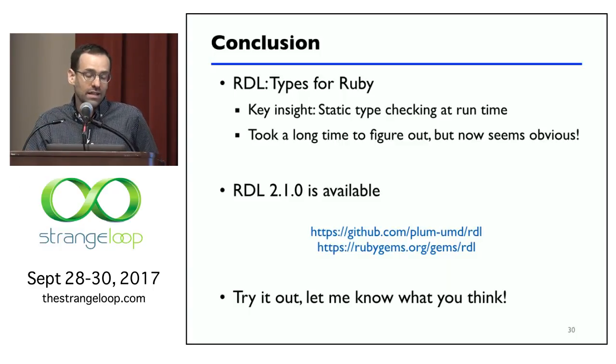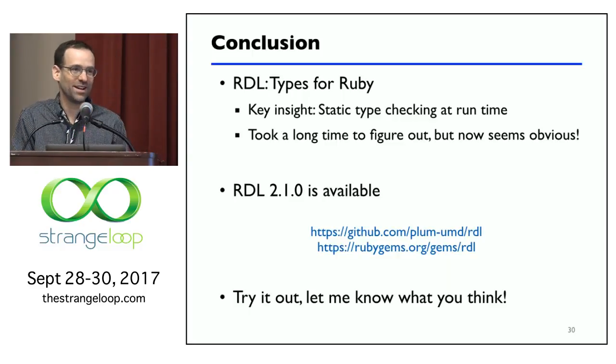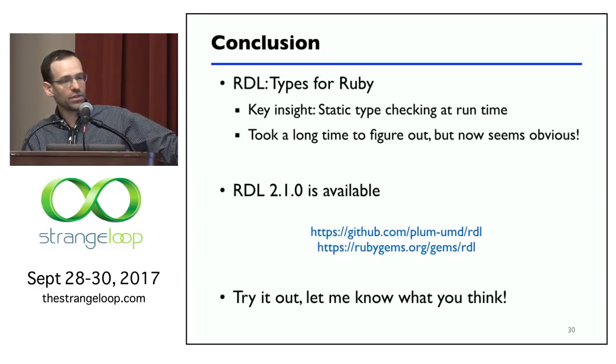And then I think another one is just people saying, we're just going to always use types. I think in practice, if you want your program to be typed, you kind of have to design it that way from the start. But I think the reason RDL works for a lot of code is that people do.